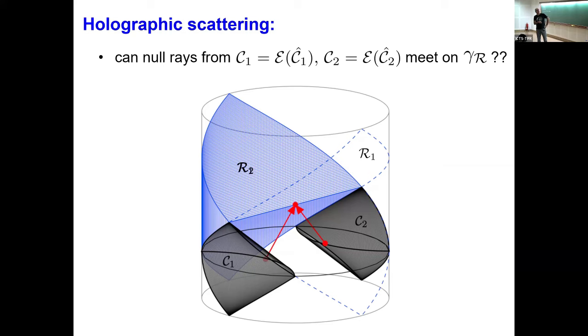At the end of the day, that amounts to finding a null geodesic from the geodesic defining the entanglement wedge for those two to a common point on the entanglement wedge between the two outputs.